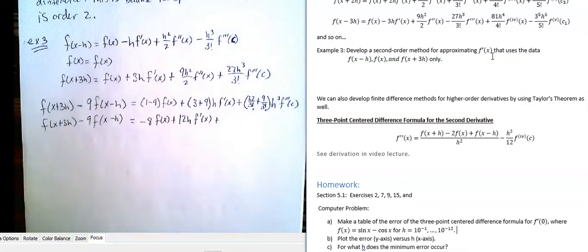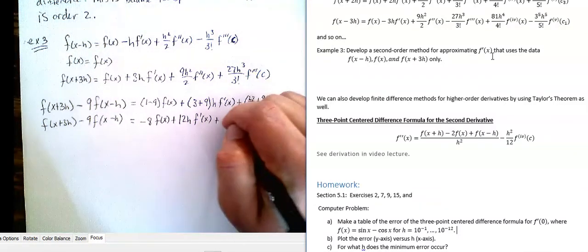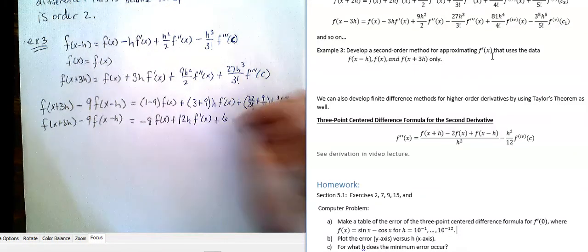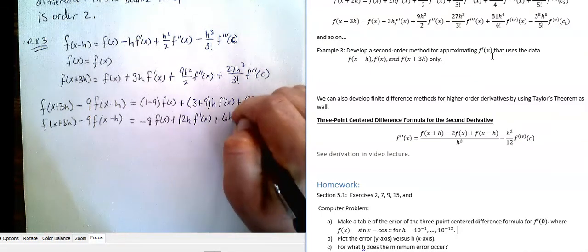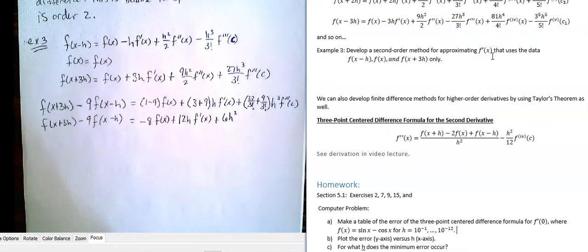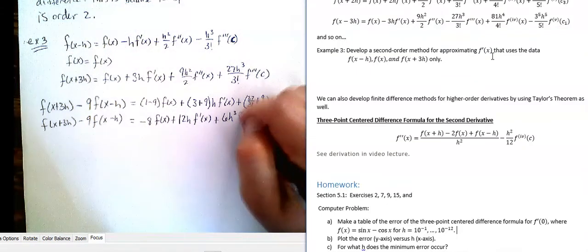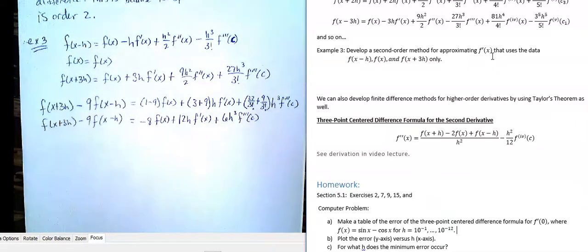That would give us 36 over 3 factorial. Well, 3 factorial is 6, so that would be 36 over 6, which is 6 h cubed f triple prime at c. Okay. Here I'm skipping the c1 and c2 deal just for simplicity. We'll just consider c to be the same c. Okay.